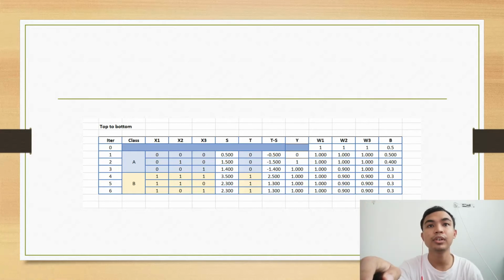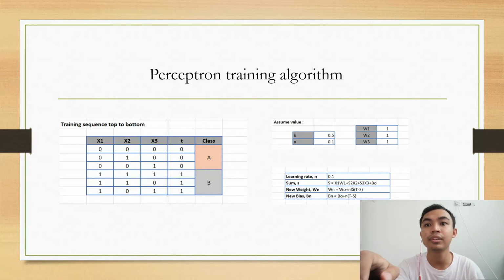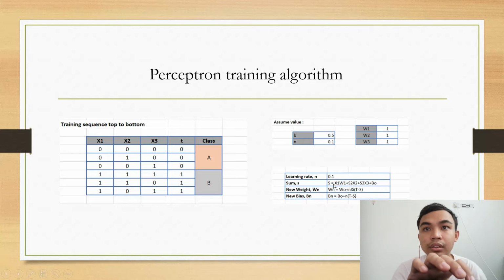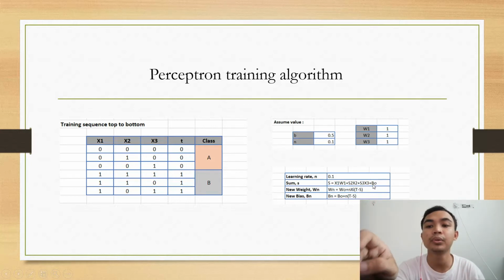So first we need to find the summation, which is this S. According to the previous formula, for the sum we need to use x1 W1 plus x2 W2 plus x3 W3 plus Bo.